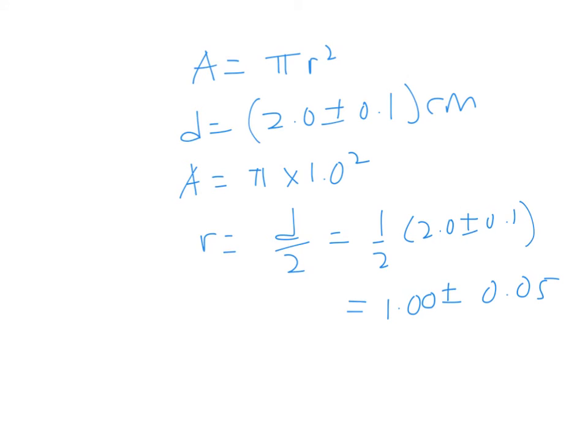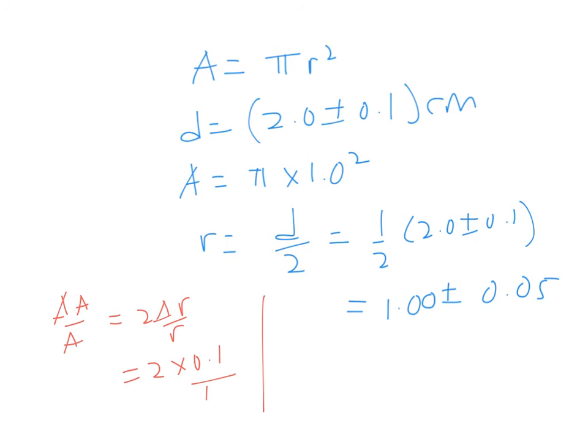For example, if I ask you to find the uncertainty for A, and you didn't realize that the radius has a different uncertainty than the diameter, then you will say, oh, delta A over A equals 2 delta R over R. And if you did not find the uncertainty for R as plus minus 0.05, but took it to be the same as the uncertainty for diameter, 0.1, you end up with 0.1 over 1.